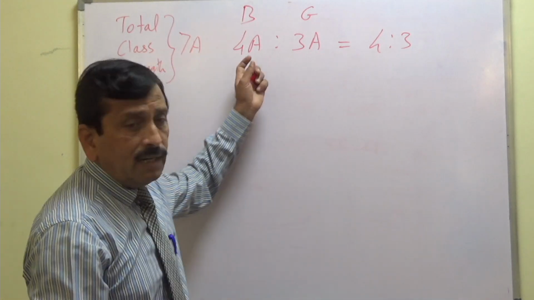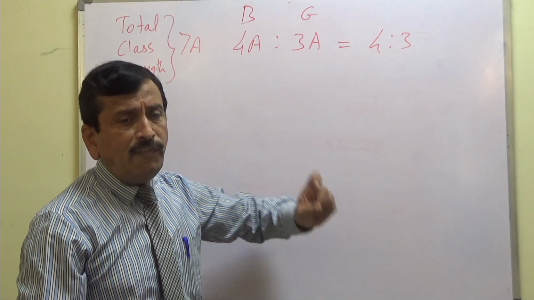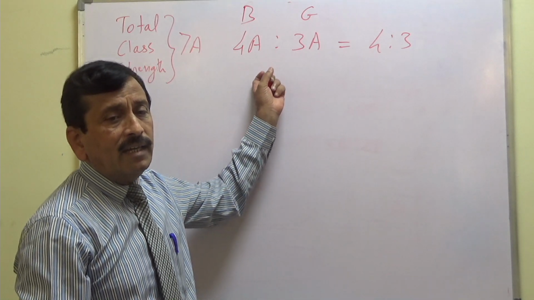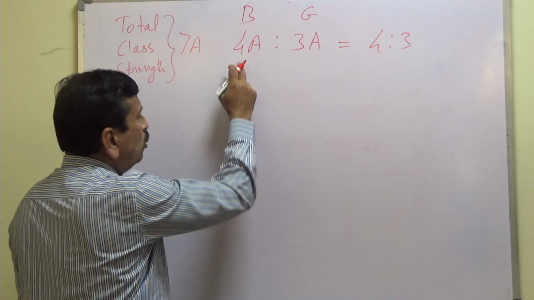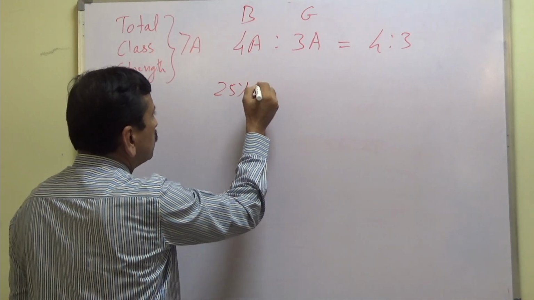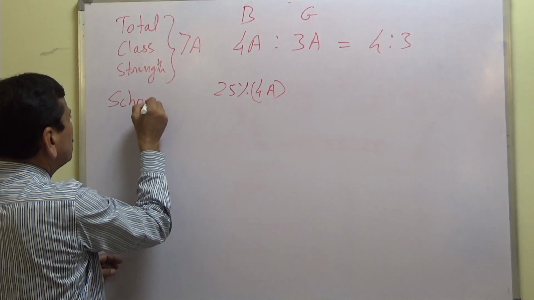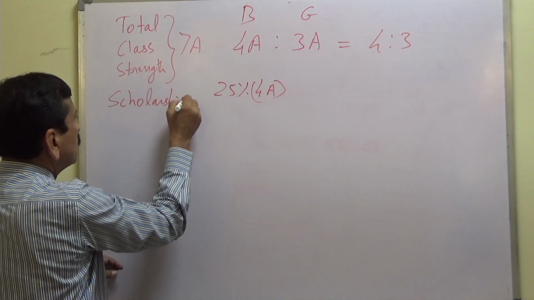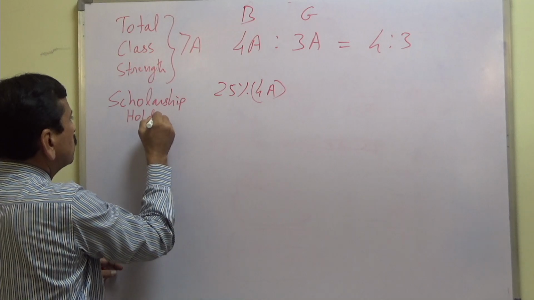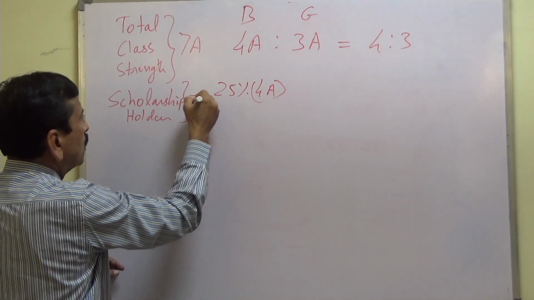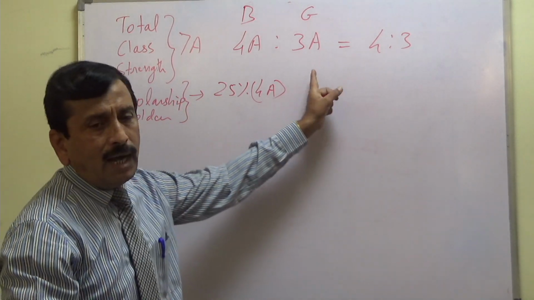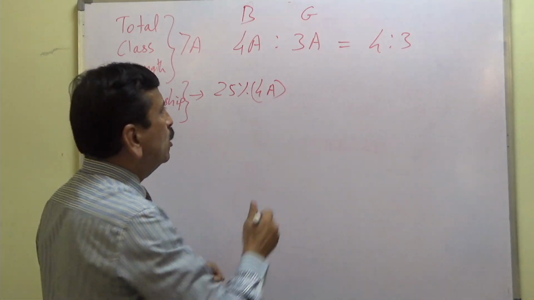Now we realize what is given in the problem. 25% of boys get the scholarship. So 25% of 4A are scholarship holders, and about girls it is 30% of the girls.